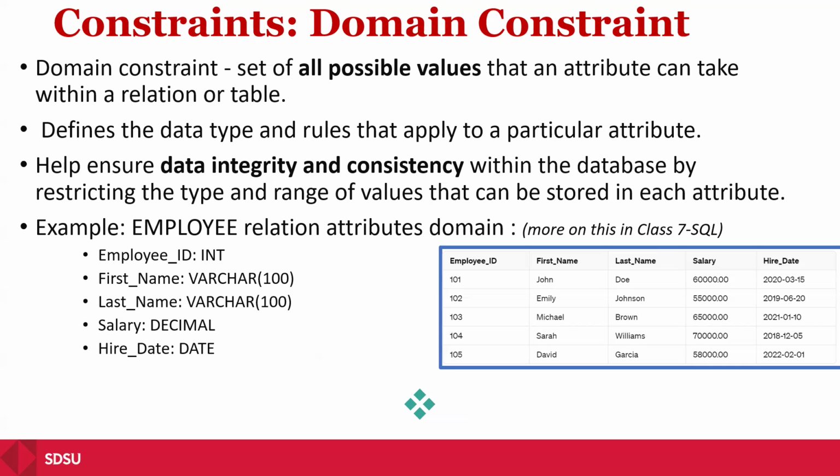For example, employee ID can be integer, so a number without a decimal point. First and last name are characters that cannot be more than 100 characters long. It's probably too much because we usually don't have names more than 10 or 20 characters, but just in case, we store it as a 100-character variable character.